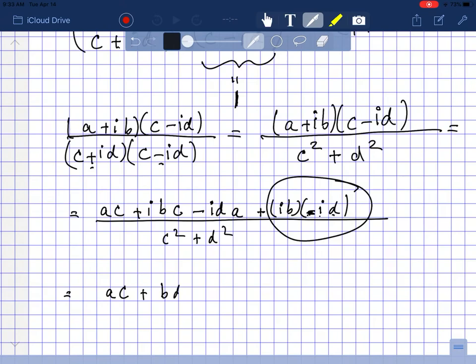So this is plus B times D. And then here I have I times BC minus I times DA. The I is common to these two terms, so I can pull it out in front and write this as I times BC minus DA, all divided by C squared plus D squared.